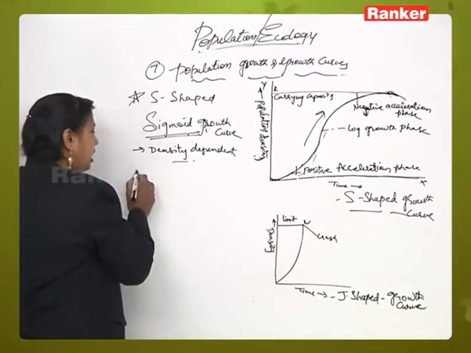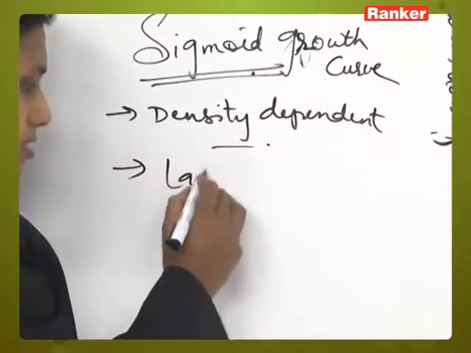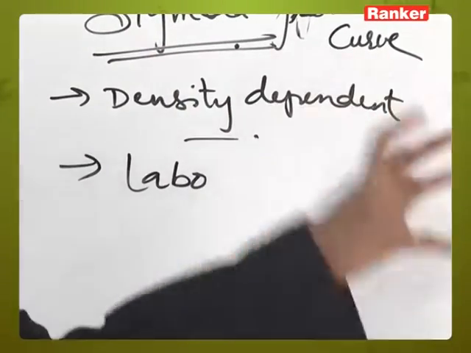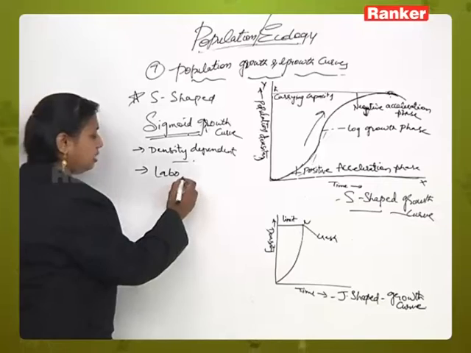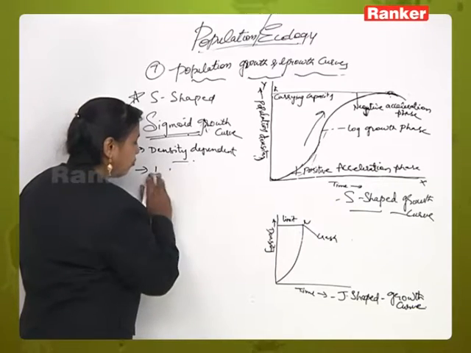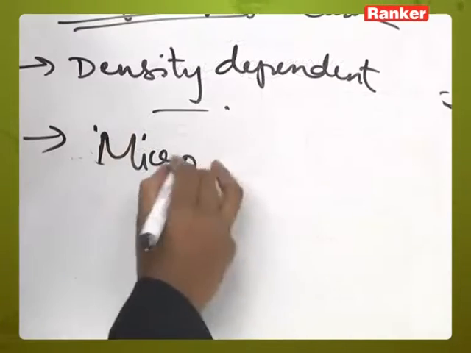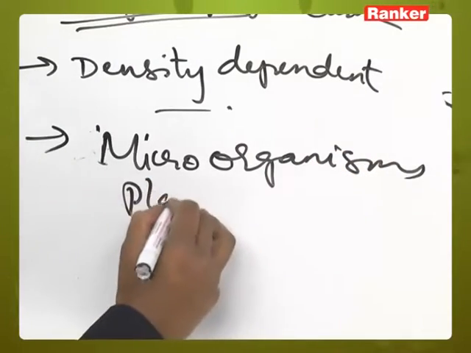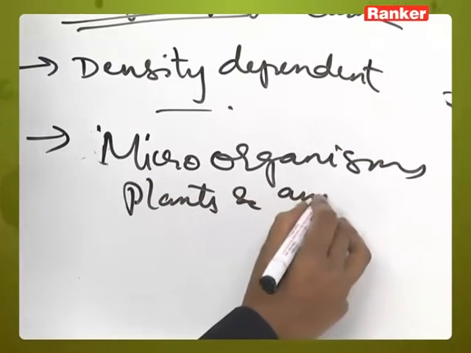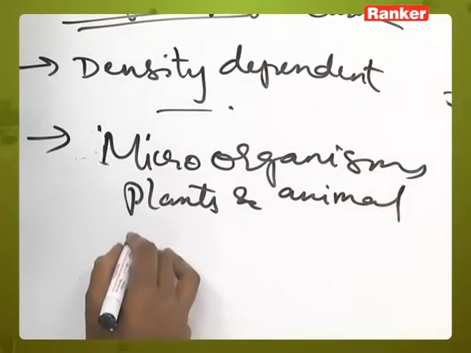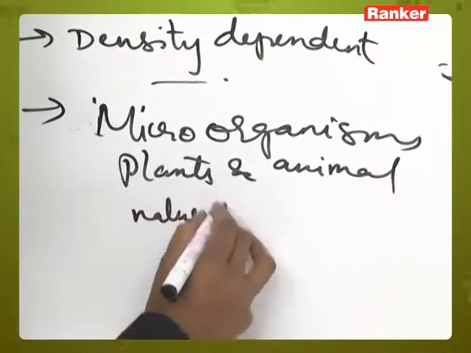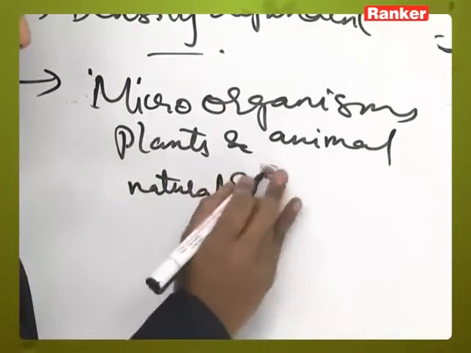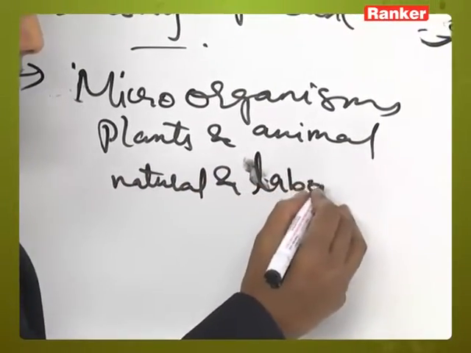Now where will we see this type of growth curve? In all the laboratory conditions, you will see it in many populations of microorganisms, plants and animals, both in natural environmental conditions and in laboratory conditions.